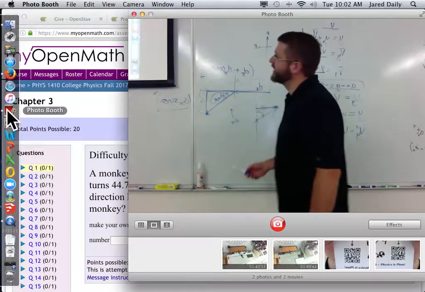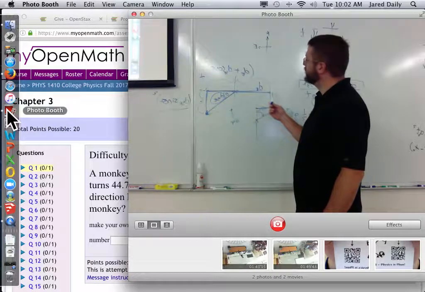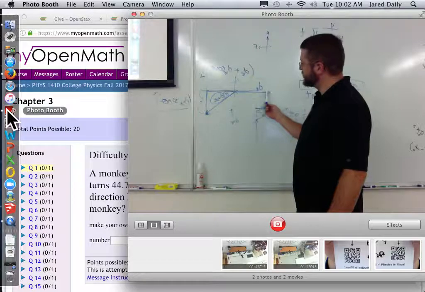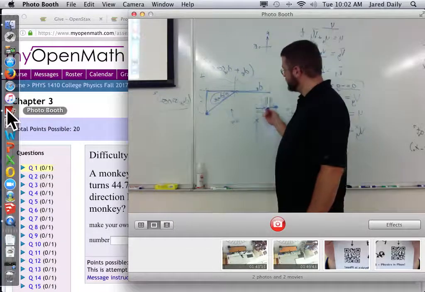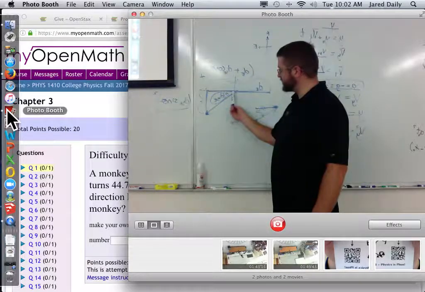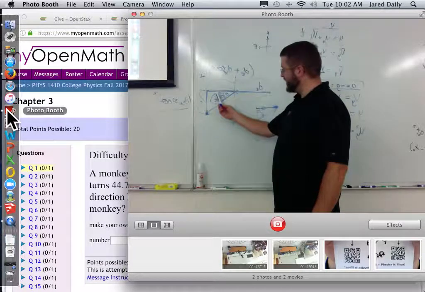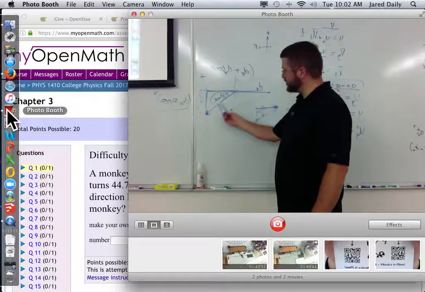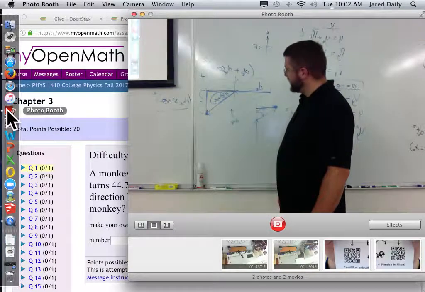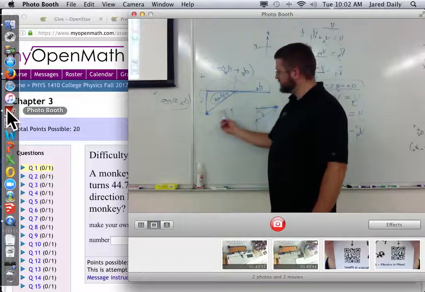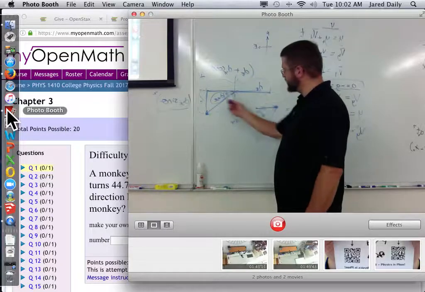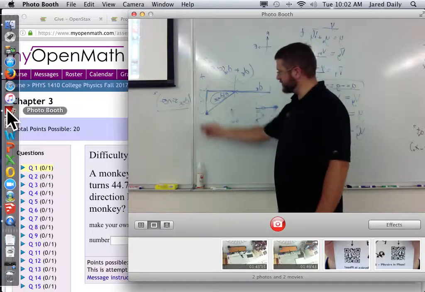I need to remember to turn the camera back on the board. So this is our bigger triangle. This is our original displacement, our second displacement: we traveled east and then we traveled southeast. The angle theta is the angle that we turn towards the southeast. And we wanted to find this side, so we made this bigger triangle, which is a right triangle, and this smaller triangle, which is a right triangle.